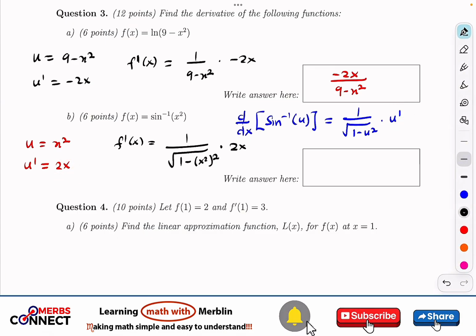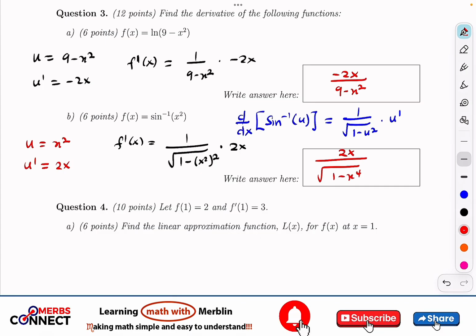Right, so that's basically what we just need to know from here. And this is the same as the final answer here, which is 2x divided by square root of, so if I want to multiply the 2 into the 2, I'll have 1 minus x to the power 4.